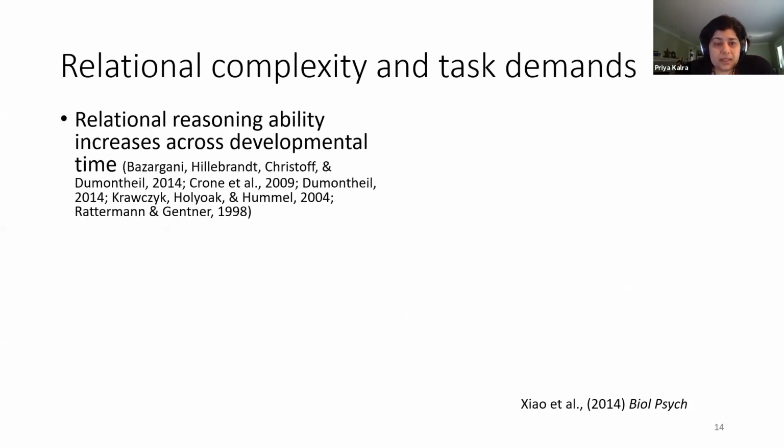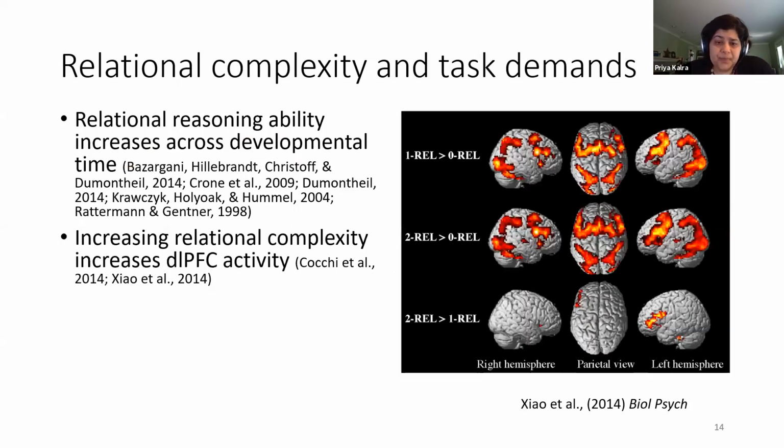Okay. We know that relational reasoning ability increases across developmental time. In other words, older kids and adults are better at it than younger kids. We also know about the demands that it makes on the brain. So here's an experiment. This is from Xiao et al.